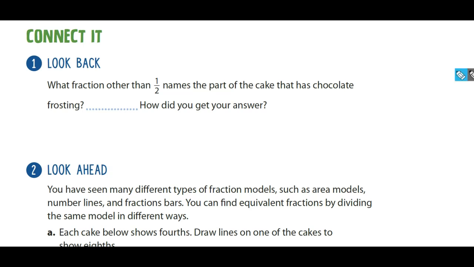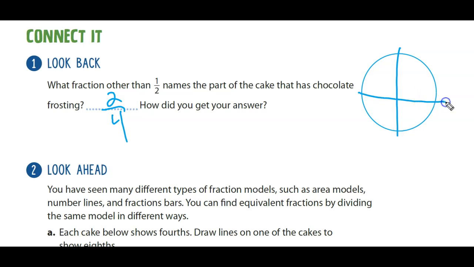Say it again? 2/4. How did I get my answer? Well, actually, I made a cake like this, and I cut this in fourths, right? And then I only colored in 2 out of the 4. That's how I figured it out.